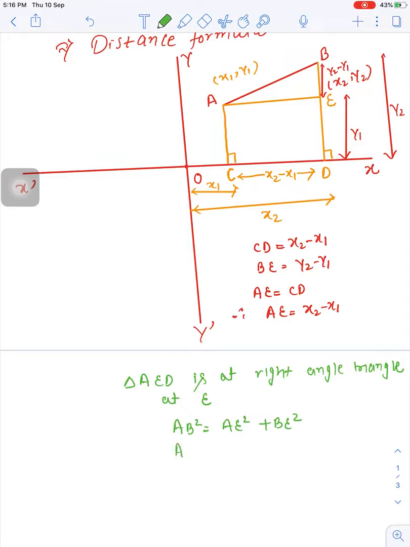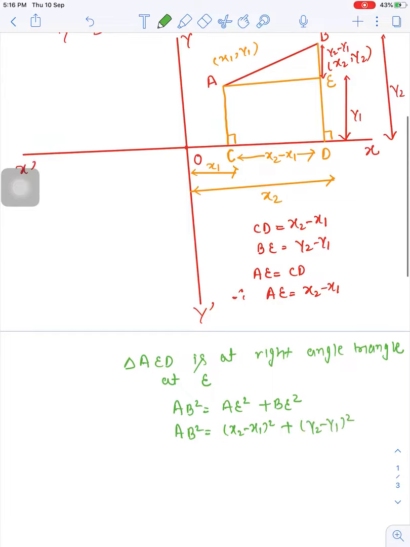Now look, students, AB square is equal to, what is the value of AE? x2 minus x1 square plus y2 minus y1 square. Now look, one more thing which you need to pay attention to is, if somebody has written x1 minus x2 square plus y1 minus y2 square, then he or she is also correct.